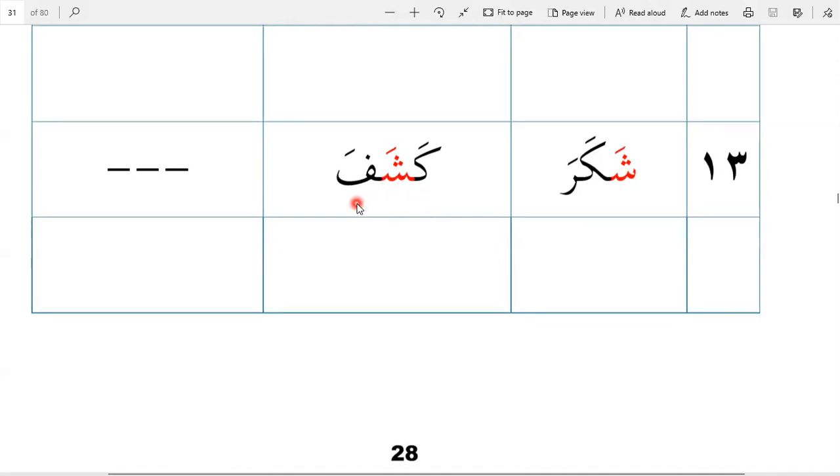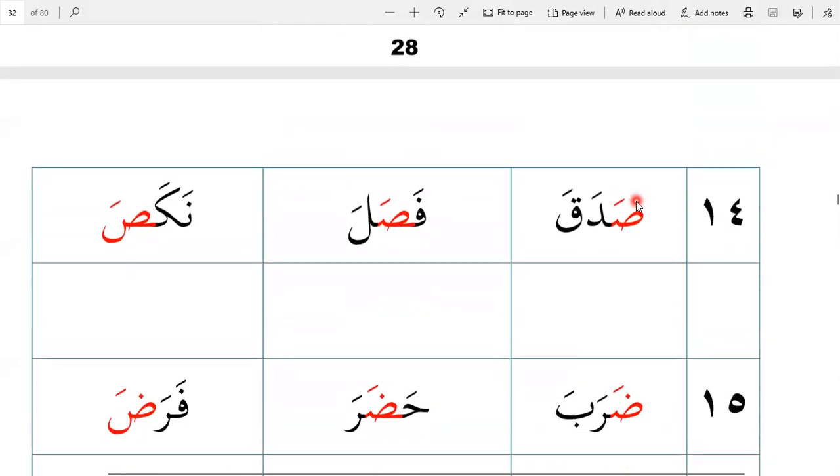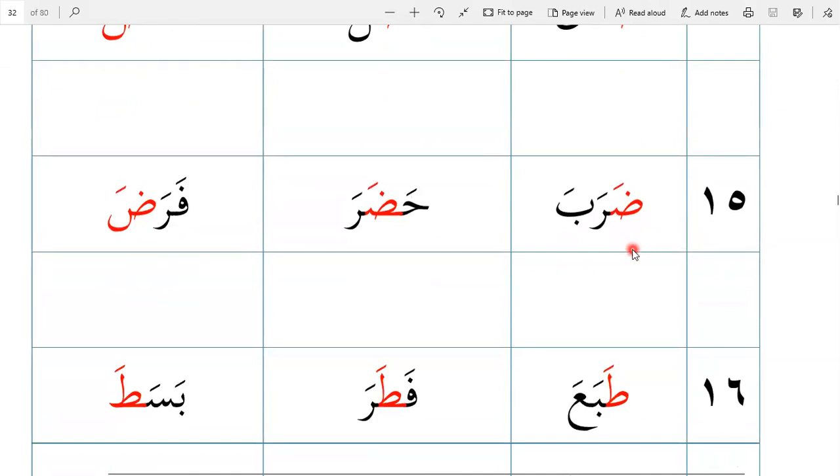Ka, sha, fa. Sa, da, qa. Fa, sa, la. Na, ka, sa. Da, ra, ba.